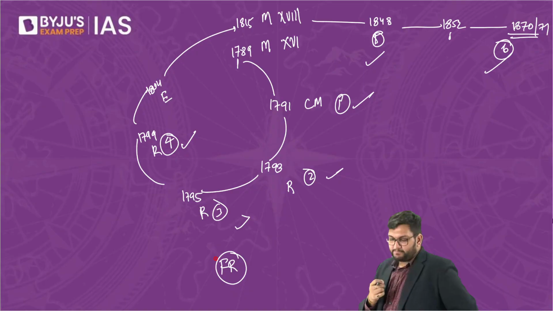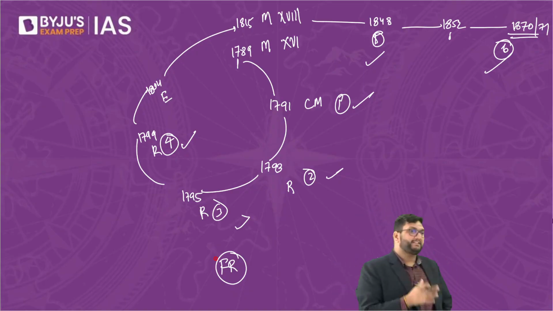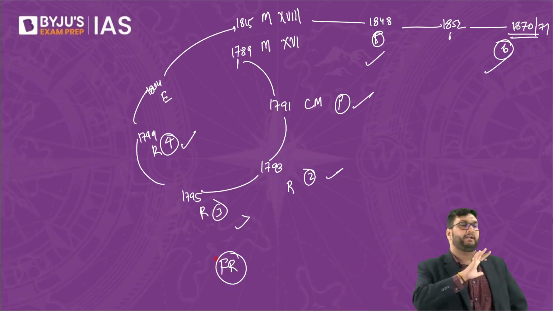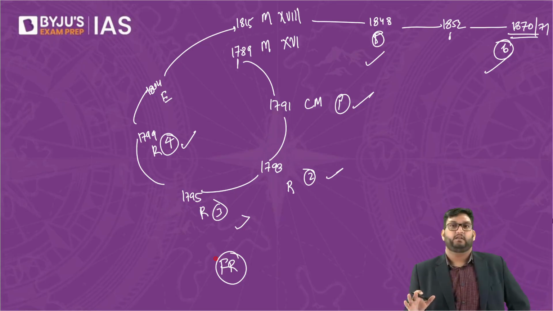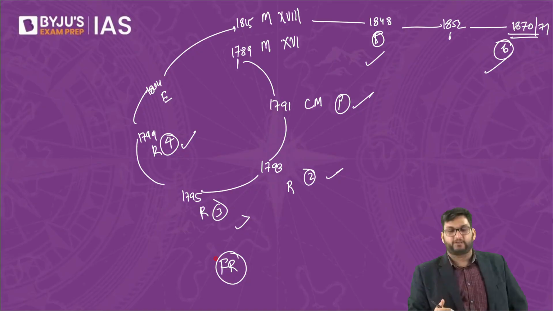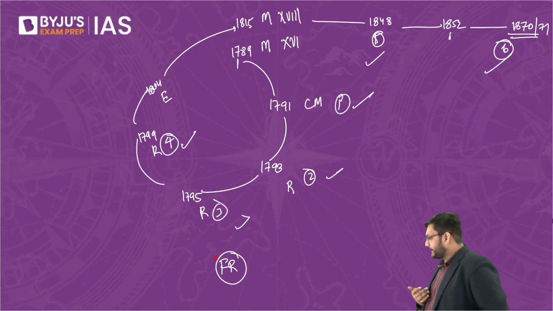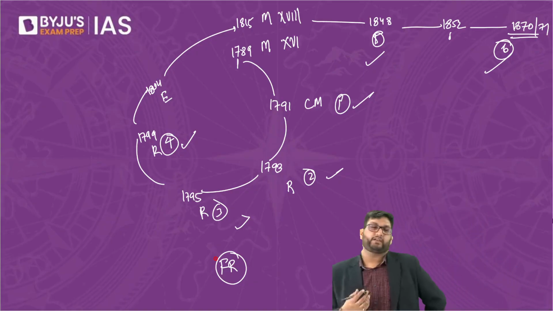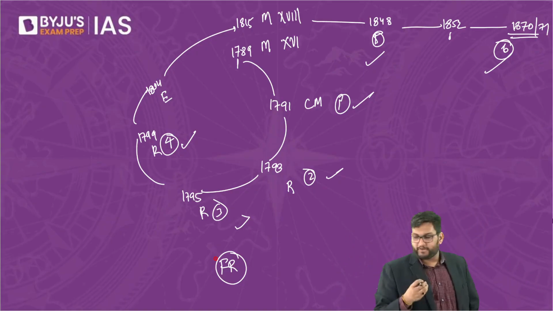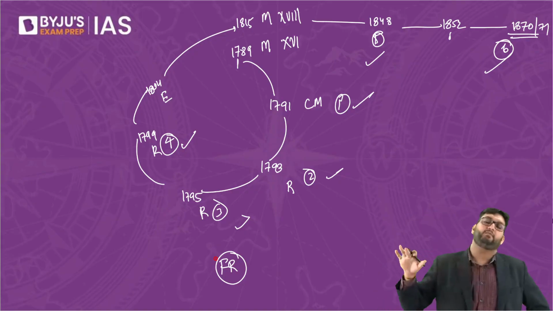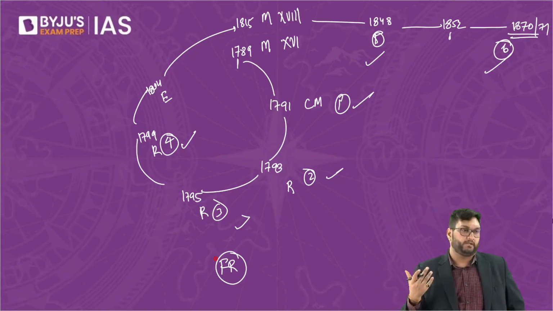So, very simply, the French Revolution never achieved its targets. But in the process, they were actually able to introduce certain things which were significant for Europe generally. When I show you the Declaration of the Rights of Man and Citizen, you will realize everything in our constitution was picked up from there only.